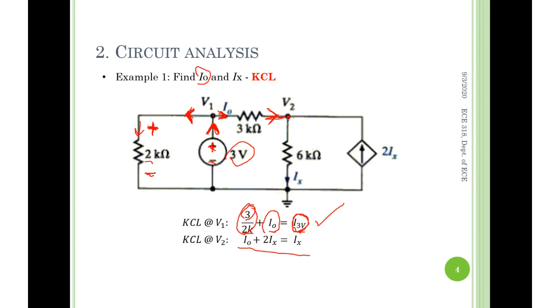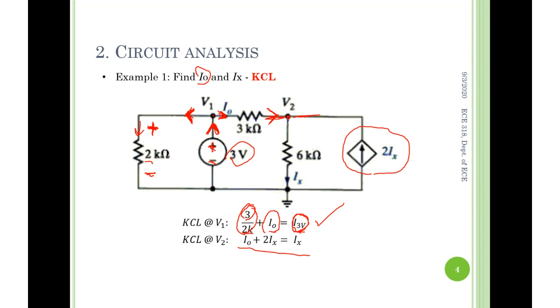But the current going through this dependent source is what? Oh, by the way, what kind of dependent source is this? Voltage dependent voltage source, voltage dependent current source, current dependent voltage source, or current dependent current source. 4 types, right? So this is what? Current dependent current source. Excellent.